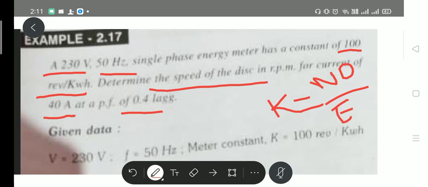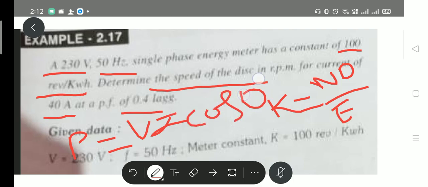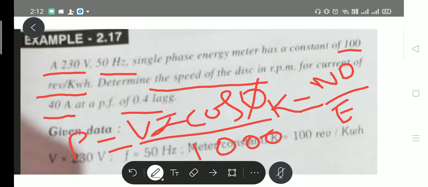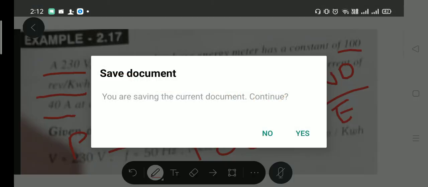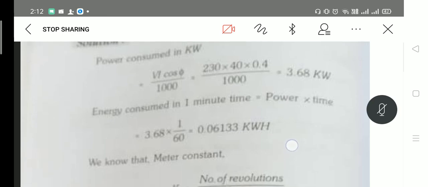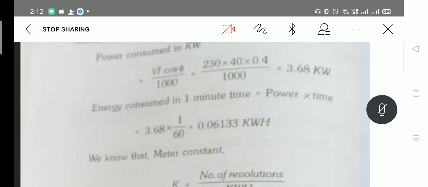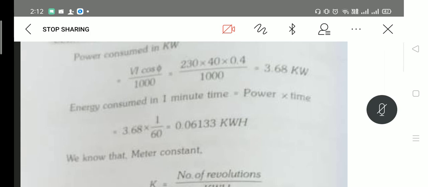So first we find the energy, for which we require the power. Power is equal to VI cos phi by 1000. We know the voltage, current and power factor, so we substitute here and find the power value, which is 3.68 kilowatts.